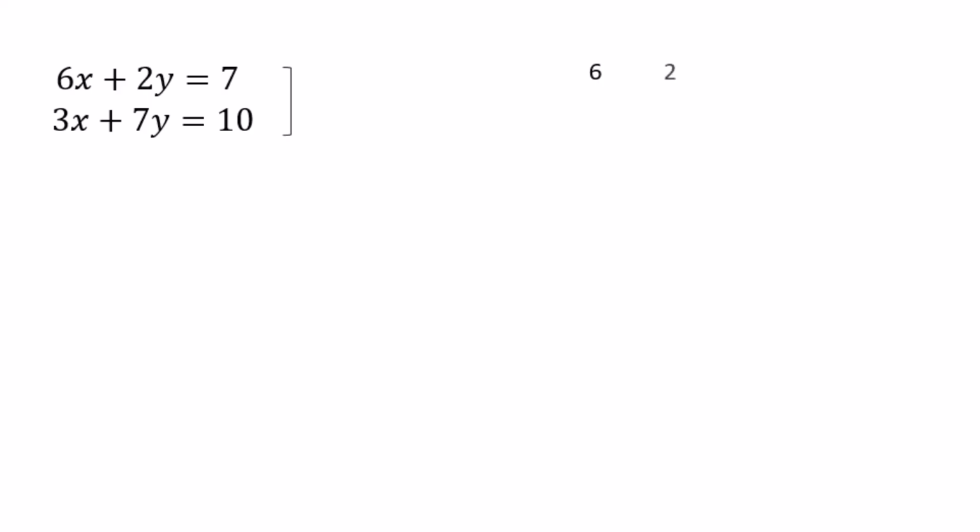Converting them into matrices, I will get 6, 2, 3, 7 in the form of a matrix, so that is a matrix of size 2 by 2. Similarly, x and y will be in the column matrix, and at the right side of it I will have 7 and 10 as a column matrix as well.